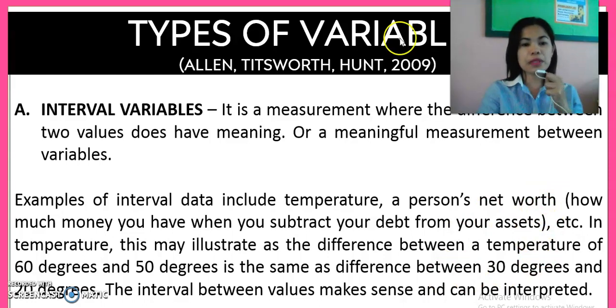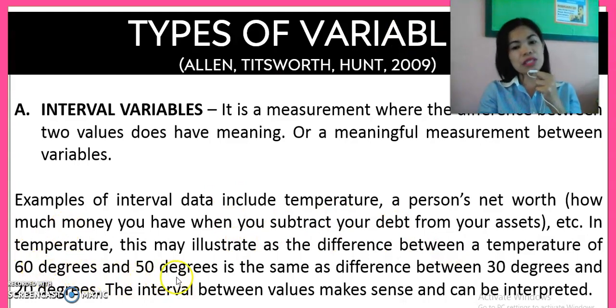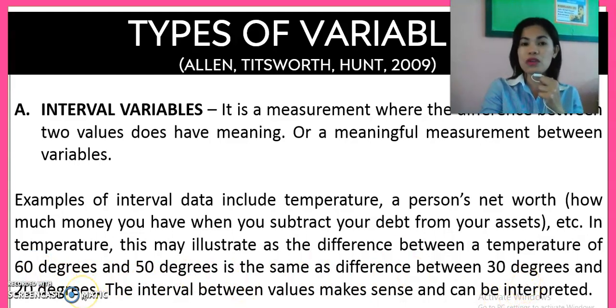Like for example, in our example here, the difference between 60 degrees and 50 degrees is the same as the difference between 30 degrees and 20 degrees, because the interval between 60 and 50, 60 minus 50, is equal to 10.